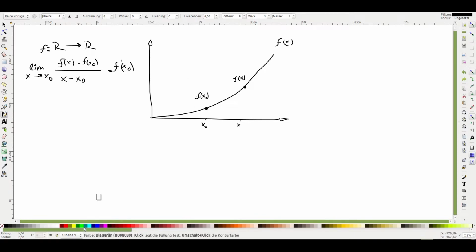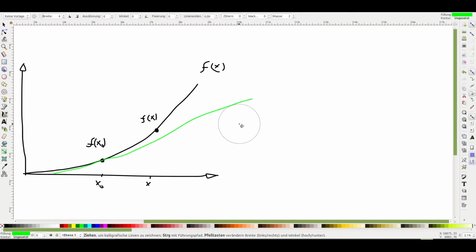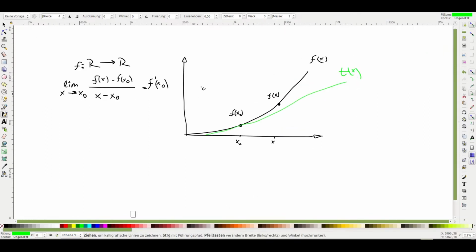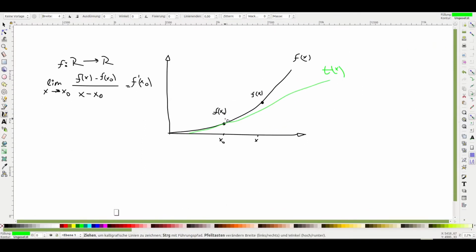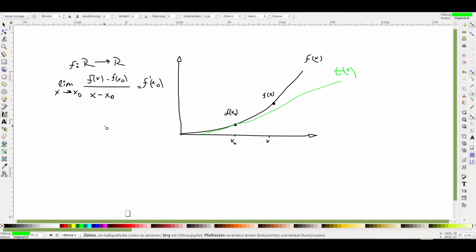And for that we consider the tangent line. Let us consider the tangent line in a point x0. So we have here the tangent line, let's call it t of x. And we know that the first derivative of f of x in the point x0 is nothing else but the slope of the tangent line in this point x0.